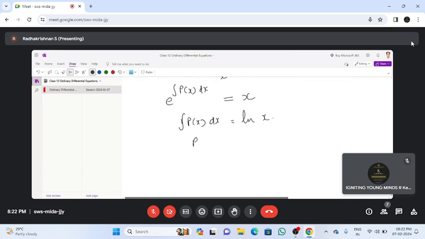So p of x will be d by dx of ln x, which is 1 by x. Good Sundaresan, good. 1 by x is which option? Option 3.